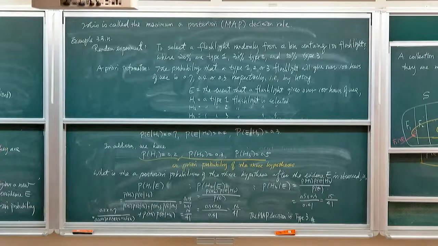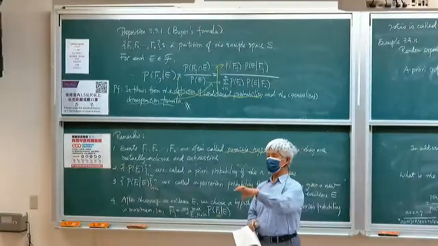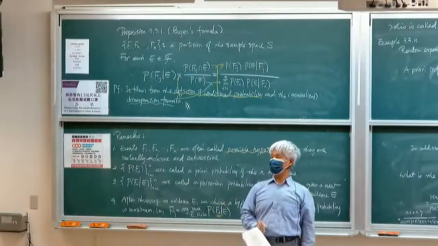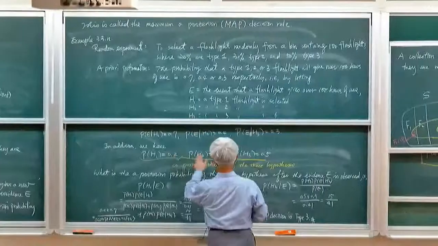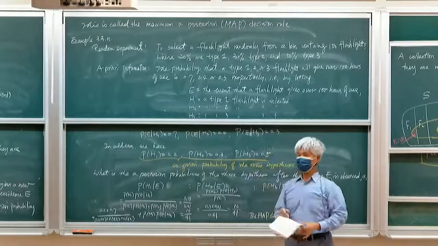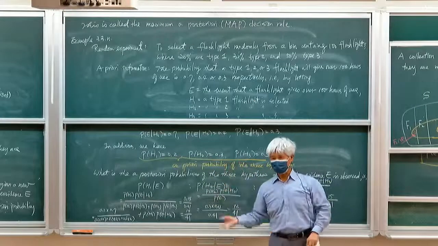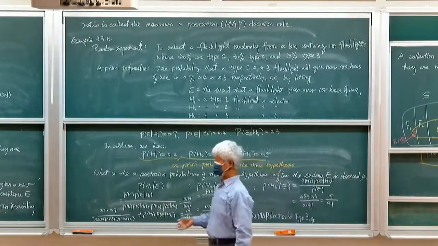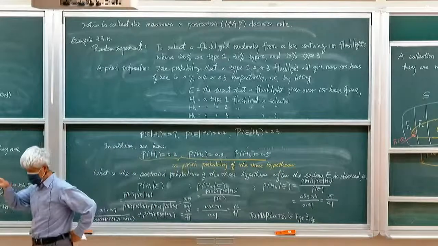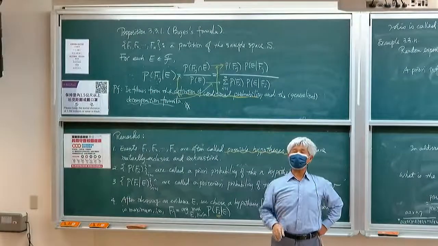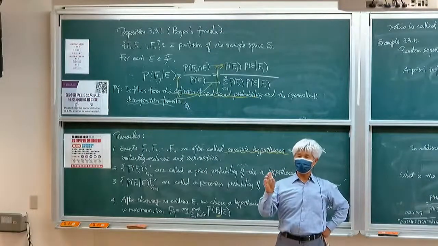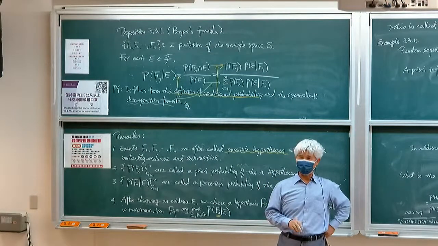And then according to their criminal record, they will have a prior probability of committing a certain crime, right? So that is the prior probability.